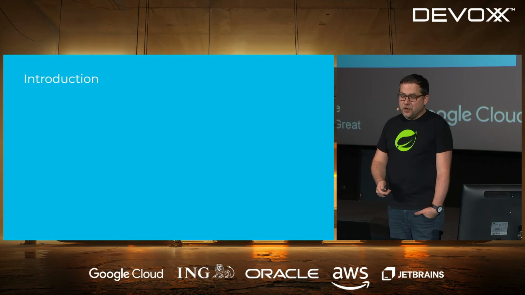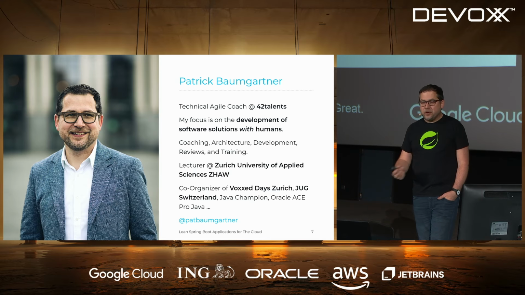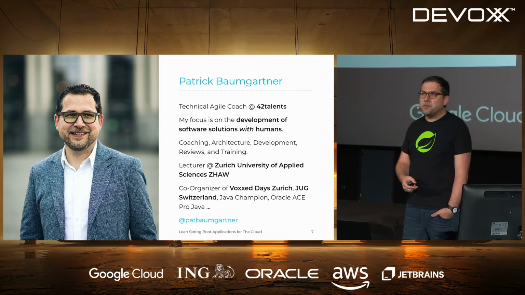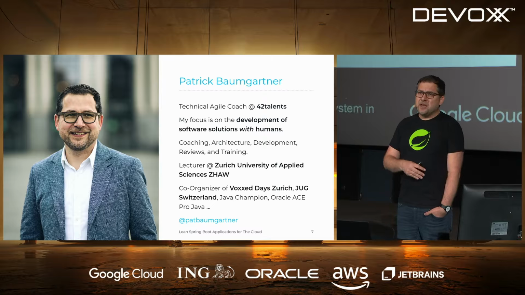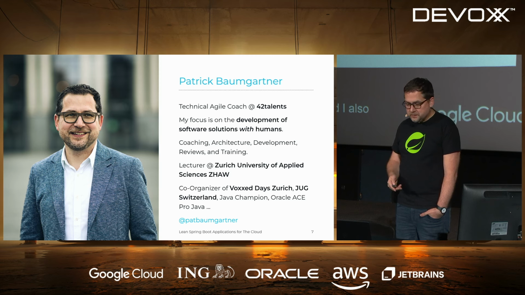Great. So who am I? I'm Patrick. I'm from Switzerland. I'm working as a consultant, as a trainer, but also as a teacher at the University of Applied Sciences in Zurich. I'm very much involved in the Java ecosystem in Switzerland. In the last 2.5 years, I dedicated quite a bit of time to making my Spring Boot applications faster, and I also have some examples where I do that in real production applications.